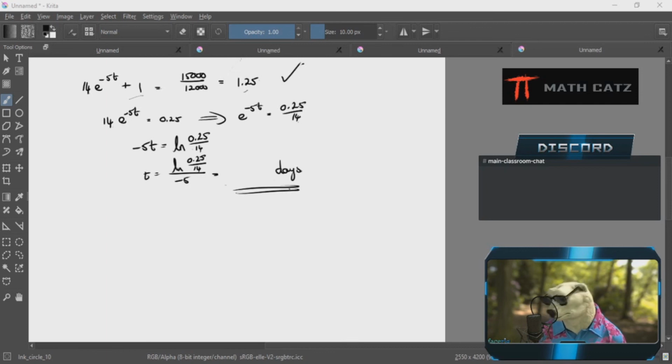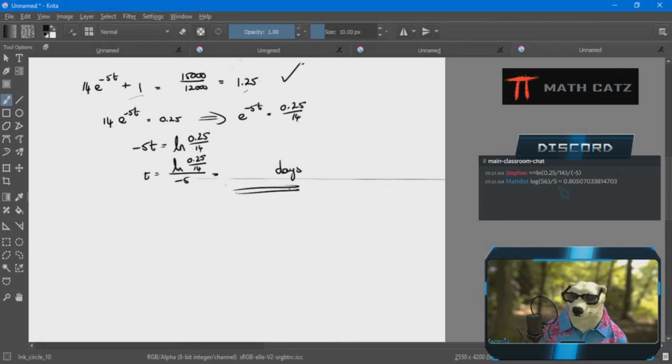Natural log, divide that by negative 5. MathBot says, there we go, 0.8051 days.